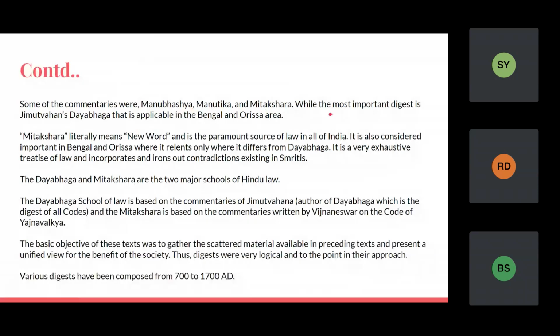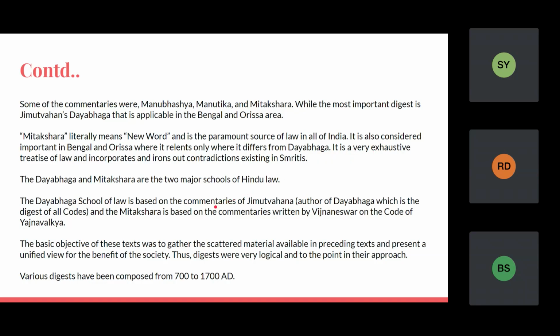The most important digest is Jimutavahana's Dayabhaga, which is applicable in the Bengal and Orissa area. Dayabhaga and Mitakshara, this explanation we will deal with tomorrow. Here, superficially, Mitakshara literally means new word, and is a paramount source of law in all of India. It is also considered important in Bengal and Orissa, where it prevails only where it does not differ from Dayabhaga.